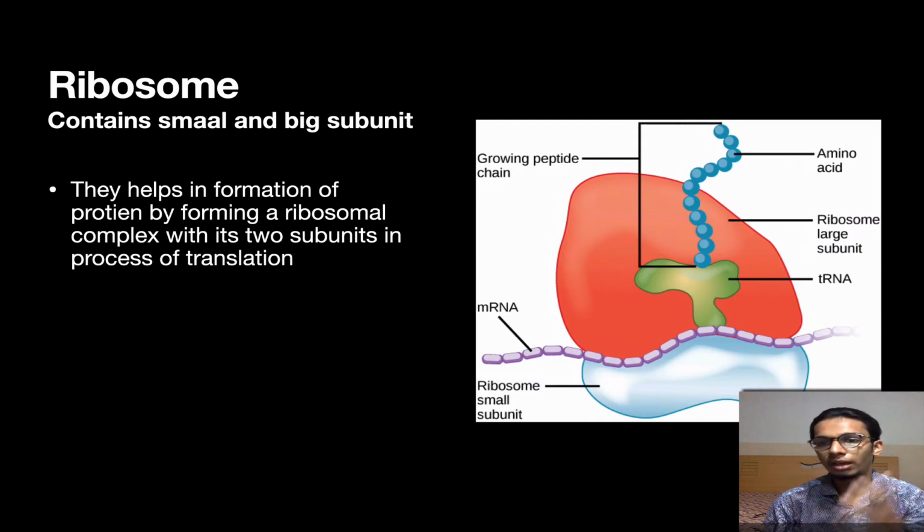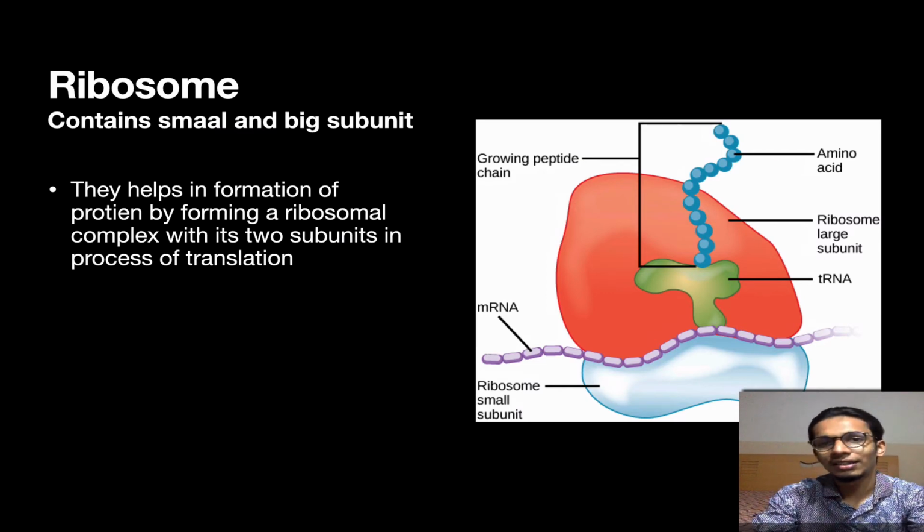They both combine onto one messenger RNA, which has a code to make the polypeptide chain, which is desired by the DNA. This is the messenger RNA which you will be studying in the process of translation and transcription. So wait for it, or just go into the link if you have that topic included in your examinations.